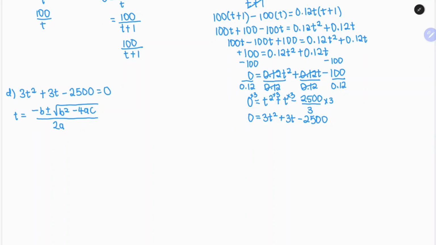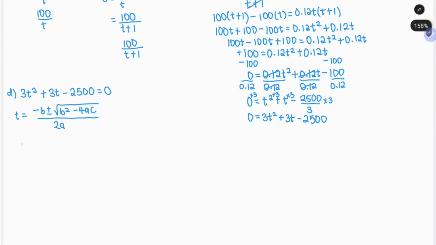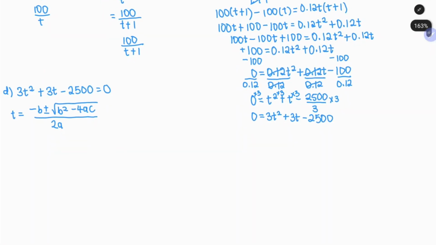So what you can only use is the quadratic formula, and if you don't know it, you have thrown away 5 marks just like that. So just make sure that you have it crammed and you already know how to use it. So let's get back to it now.